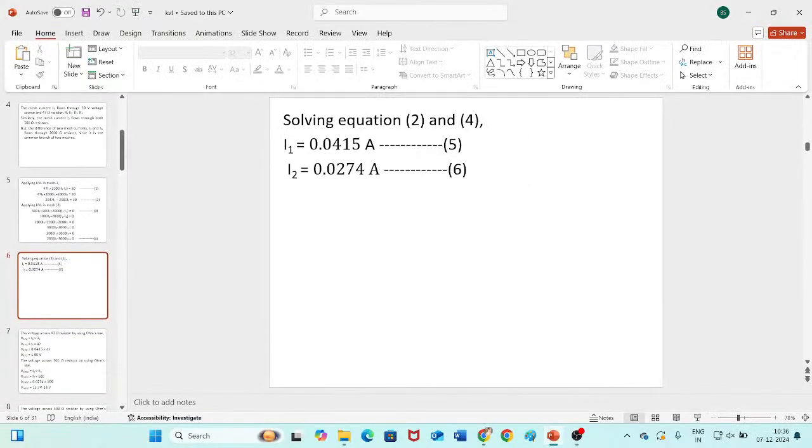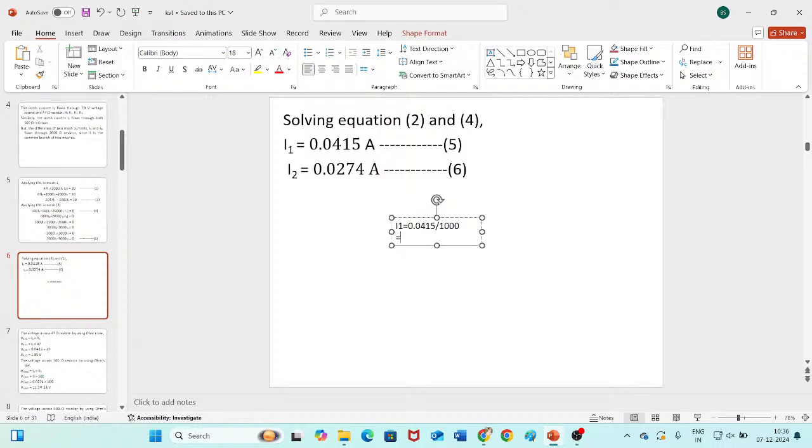What I am going to do is, I will take a text. Yeah, here it is. So simply what you can do is, you just take I1 is equal to, you just divide 0.0415 by 1000.